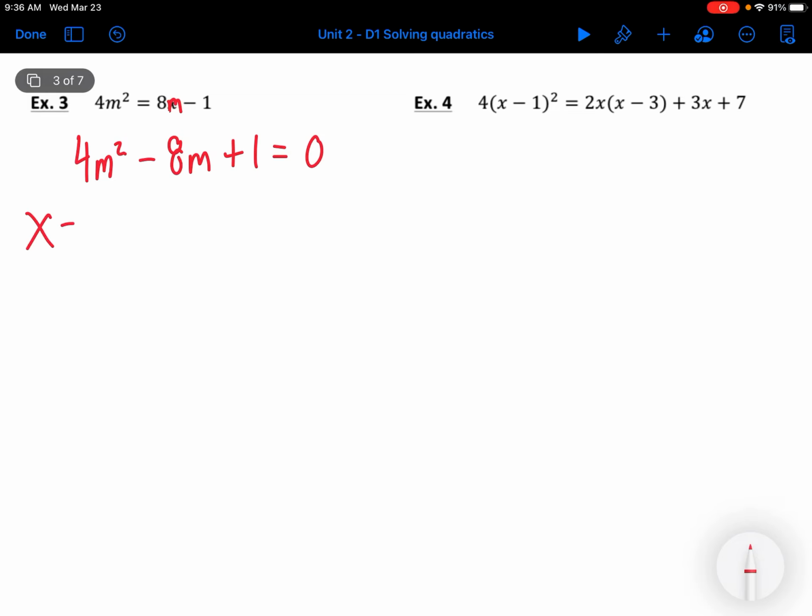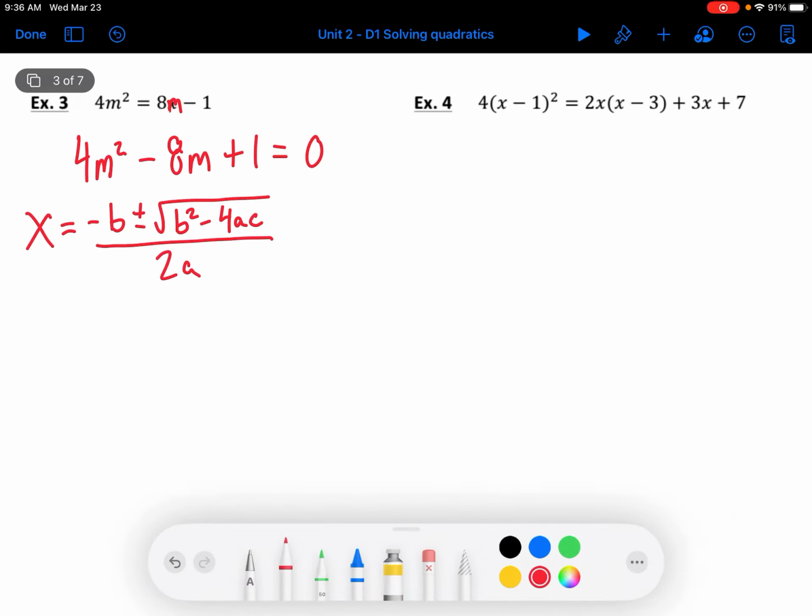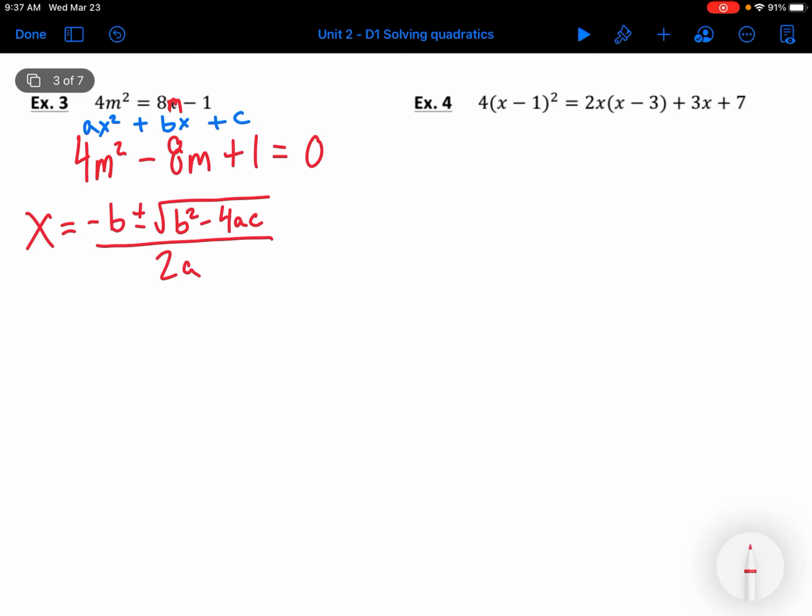So I'll write out the quadratic formula, this first one, but we've got it on our formula sheet and we have it at the first page of this note, so I'm not going to write it out every time. Now we need to remember that this is in ax squared plus bx plus c. Okay, we've changed it to that form always. So our a is always our first term.